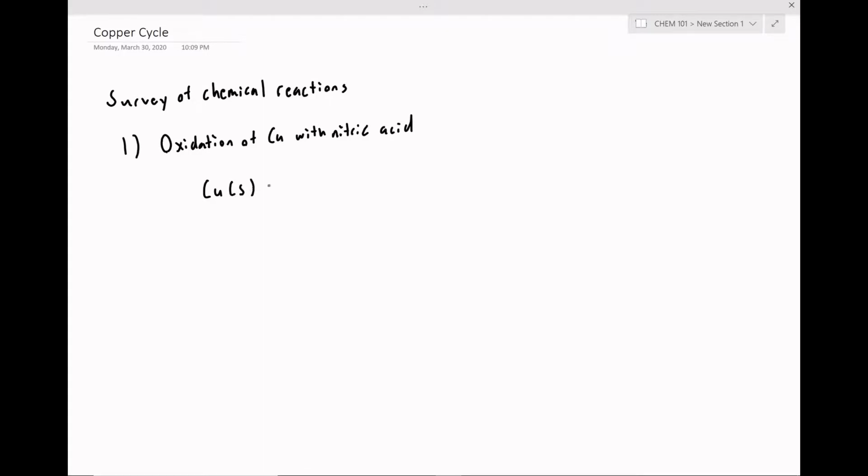So we have copper solid plus nitric acid, in this case, 2 molecules of nitric acid, leading to copper 2 plus, aqueous, nitrogen dioxide, 2 molecules of nitrogen dioxide, which is a gas, and 2 molecules of water, which is a liquid.